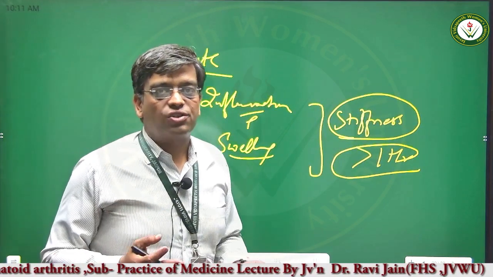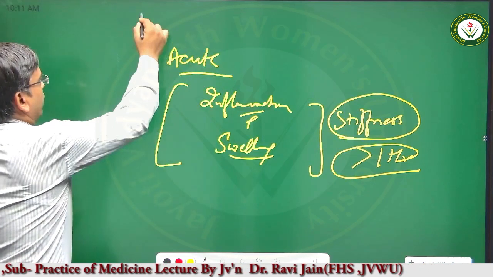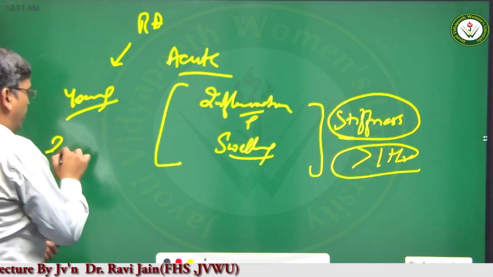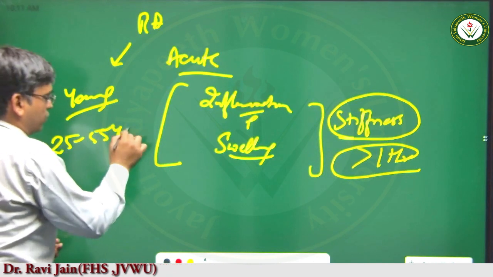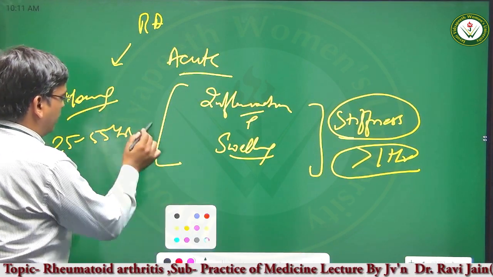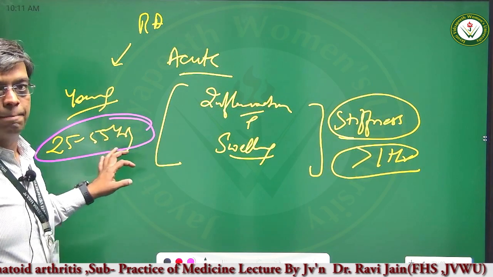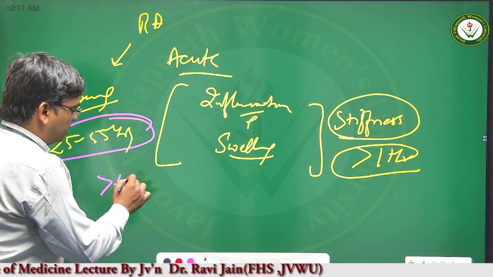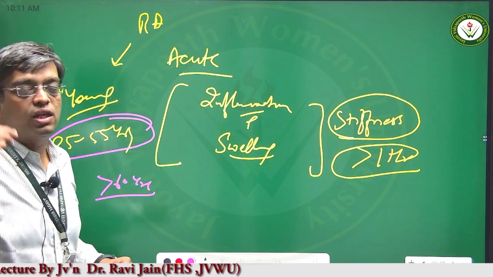Osteoarthritis was a disease condition of old age, whereas rheumatoid arthritis is a disease of a comparatively young age group. The 25 to 55 years age group is most commonly affected by rheumatoid arthritis, whereas in osteoarthritis the age group was more than 50 to 60 years, and it was uncommon below the age of 40.